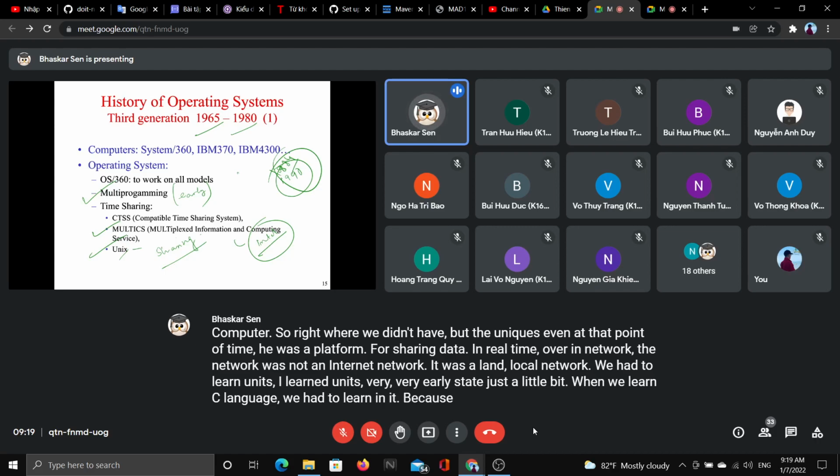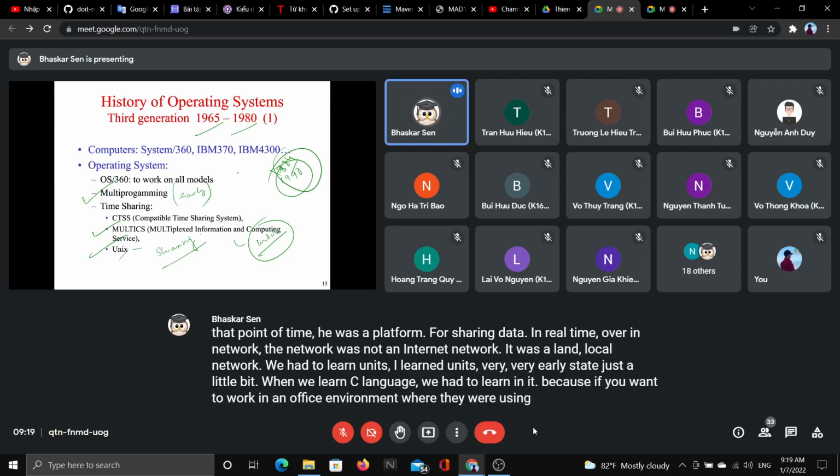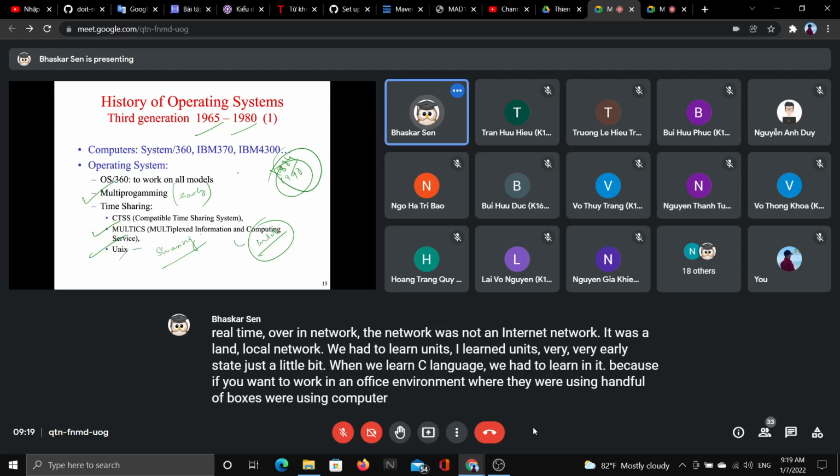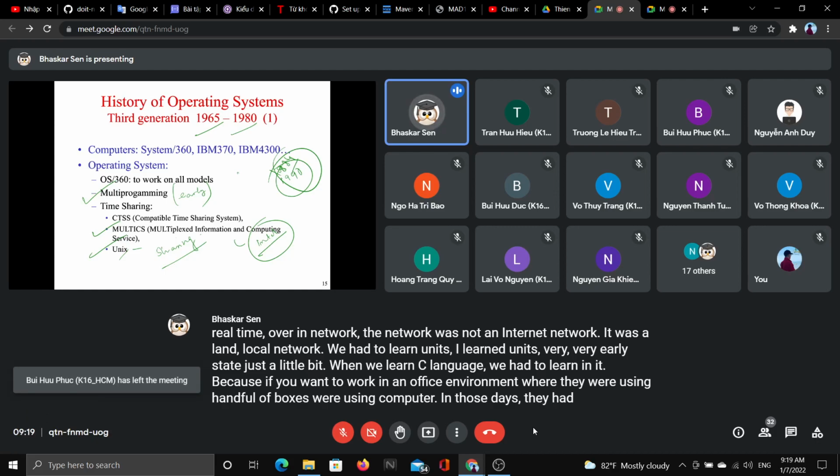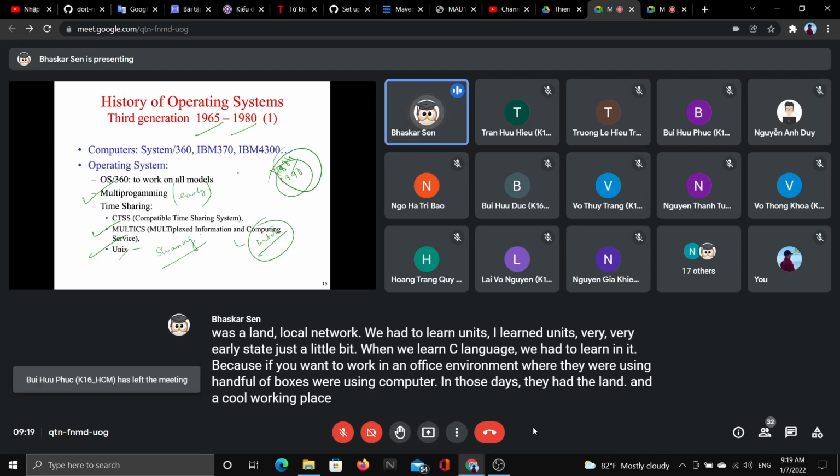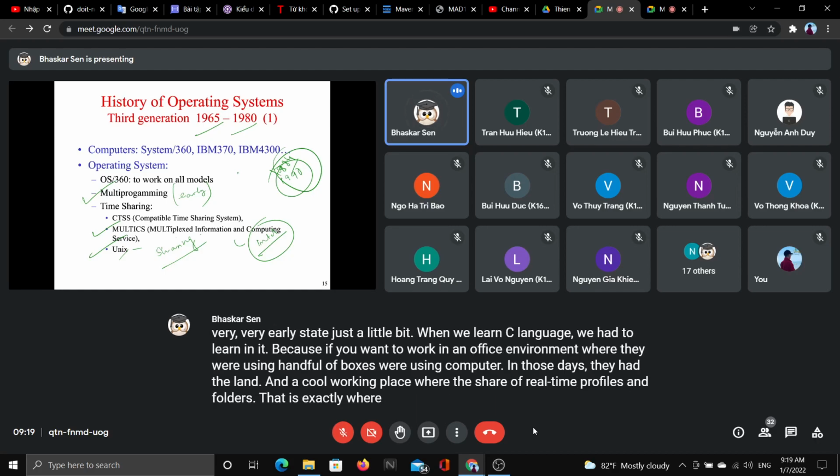Because if you wanted to work in an office environment where a handful of offices were using computers in those days, they had the LAN and a co-working place where they could share files and folders in real time. That is exactly where they had the Unix platform, Unix OS.